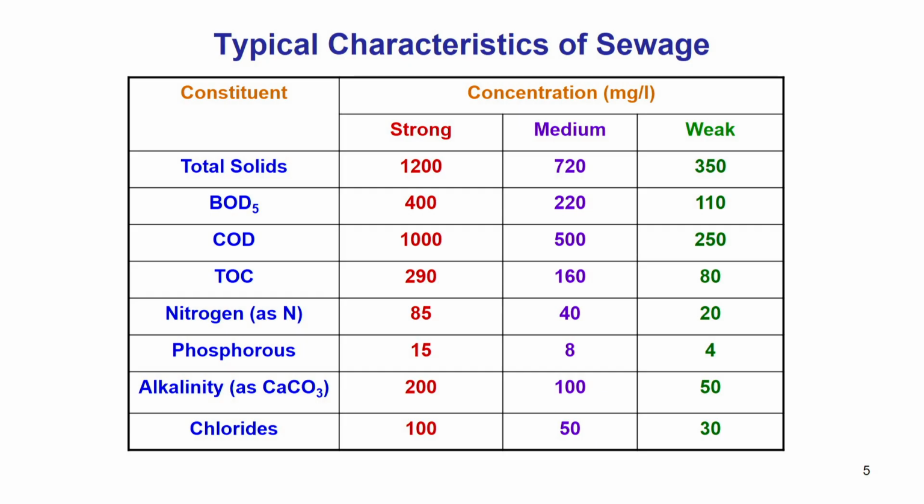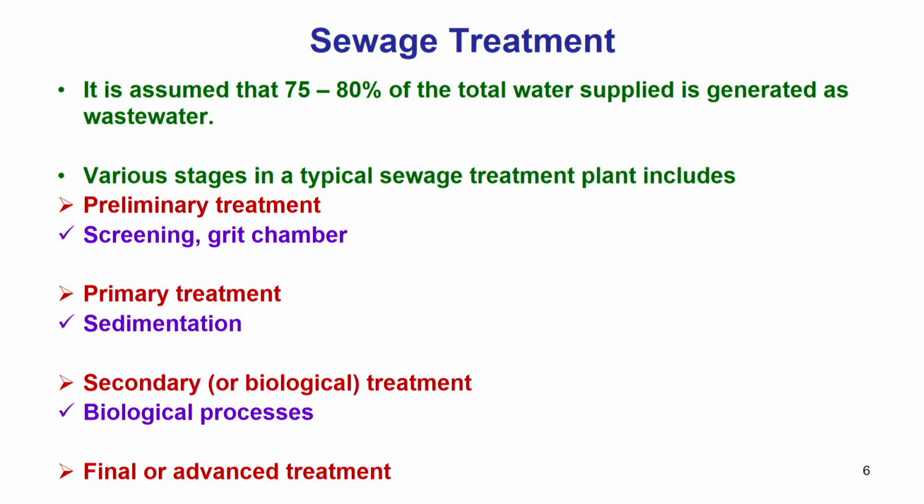So basically BOD5 is for the biodegradable organics. It tells us about biodegradable organics. These are lumped parameters which are used for measuring organic pollutants present in the wastewater.